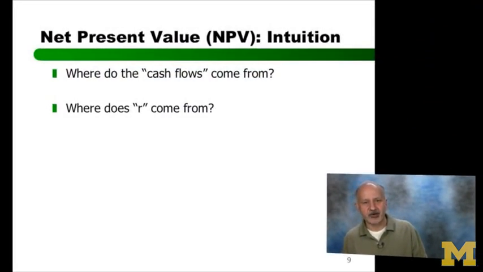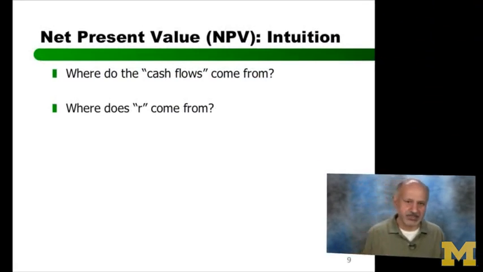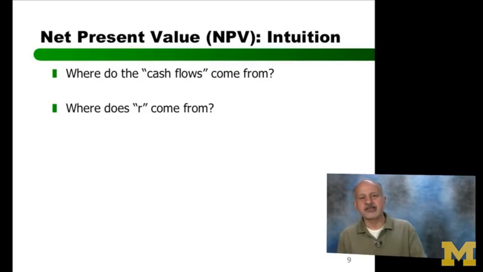Okay? Now, here's the important point. What is R in our problem, the interest rate? It's 10%. And this is something that's really critical to understand. The cash flows come from your sense of the idea, your ability to figure out the cash flows. Ultimately, the cash flows also depend on the customer, whether they buy your product or not.